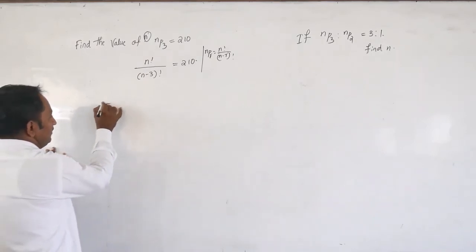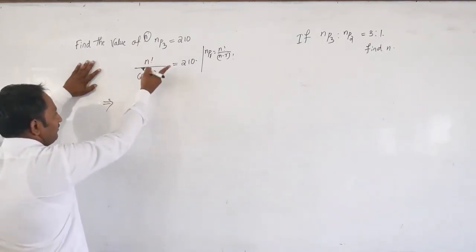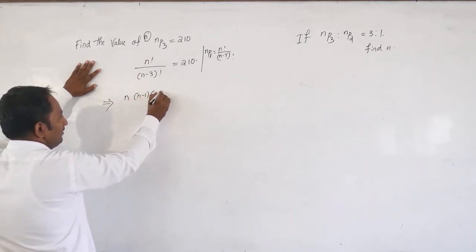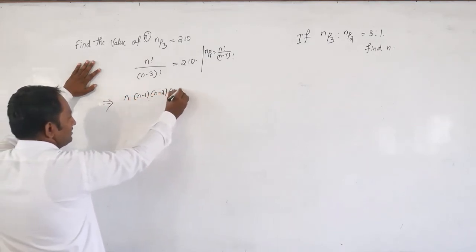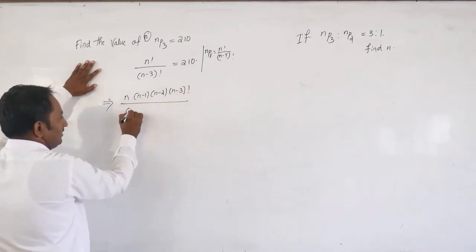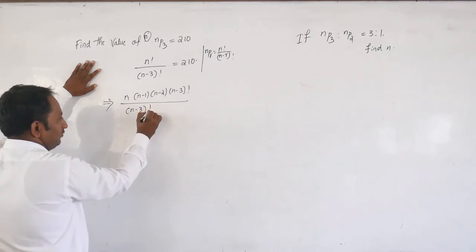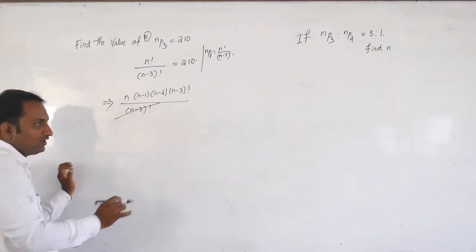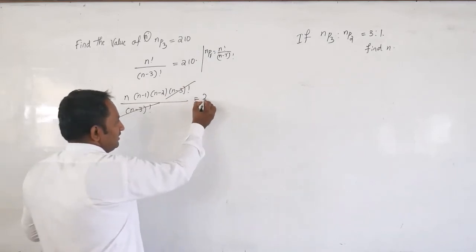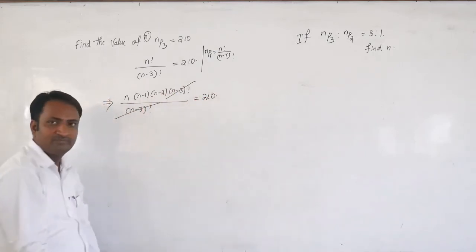We can expand n factorial as n into (n minus 1) into (n minus 2) into (n minus 3) factorial, divided by (n minus 3) factorial. Here (n minus 3) factorial cancels. The result is 210.